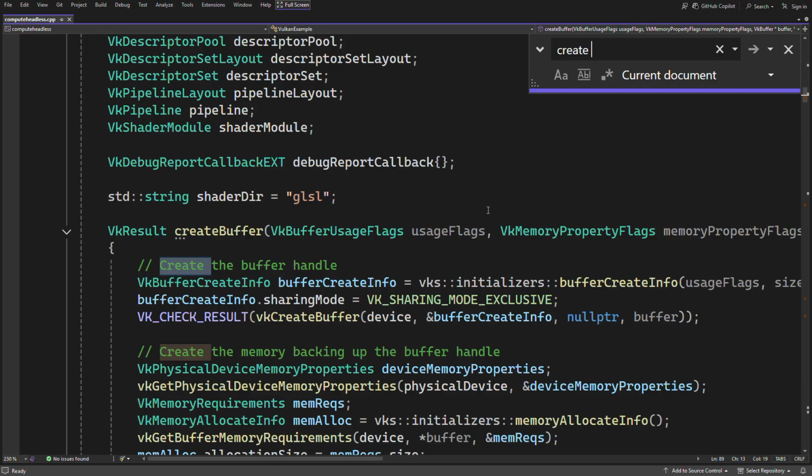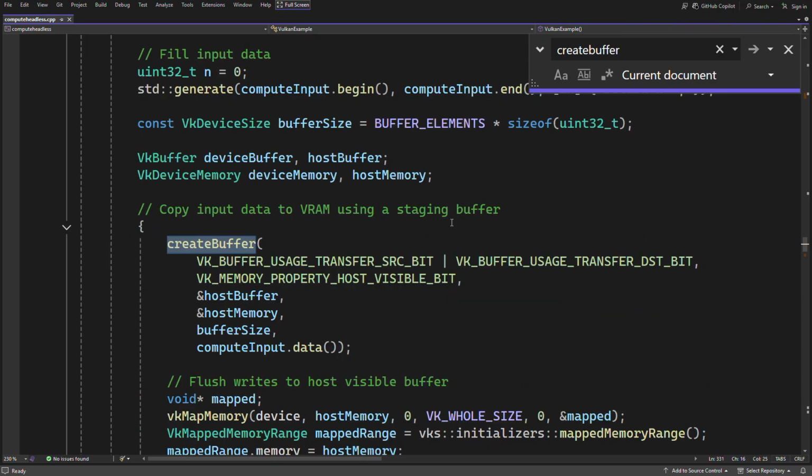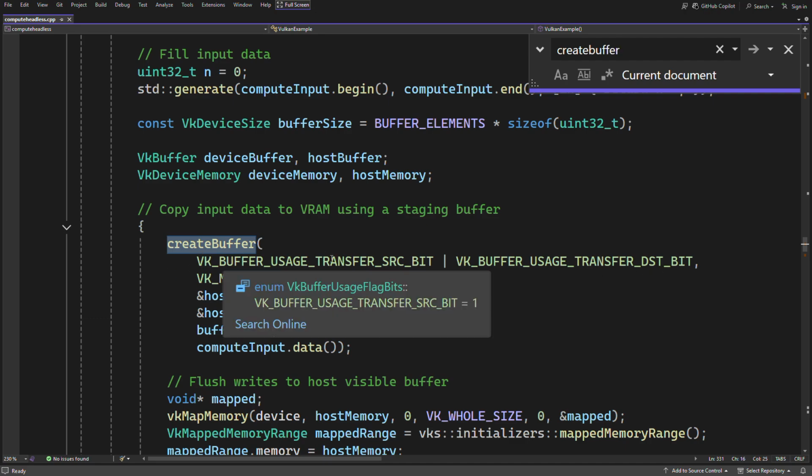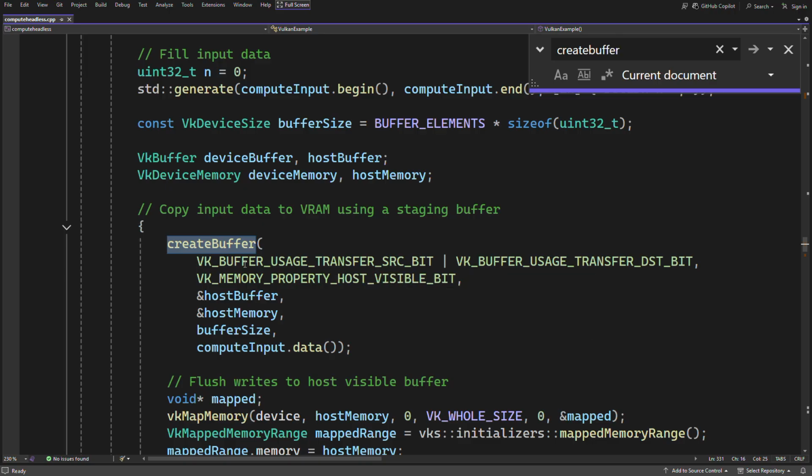So where is create buffer being called? Okay, it's being called here. Notice that we want transfer related stuff, and we want VK memory property host visible.